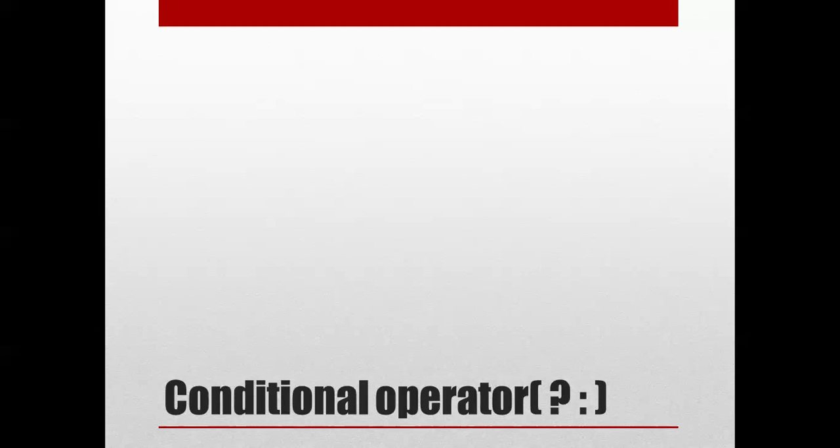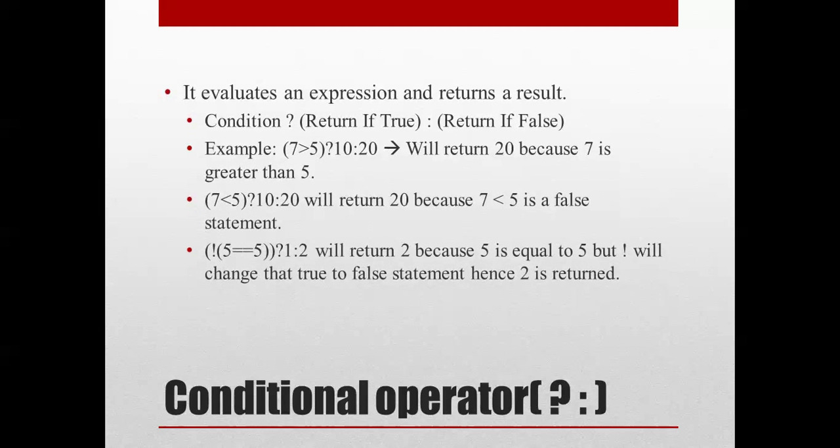We'll get to if then else later on with the conditional statements, but this is very useful. So it evaluates the expression and returns a result. We write it as: give a condition, question mark, then return whatever is true, then colon, return whatever is false.